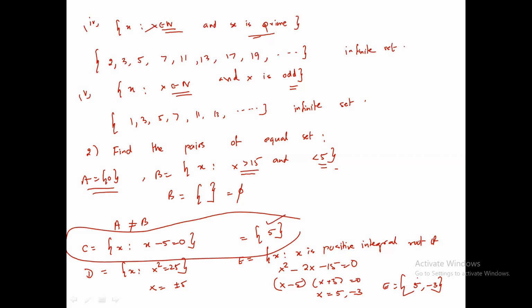Here you have 5 and minus 3. But minus 3 is not acceptable because we have to take only the positive integral root, only 5. So from this we can say C and E are equal. Remaining all are different roots. They are not equal. Different sets.